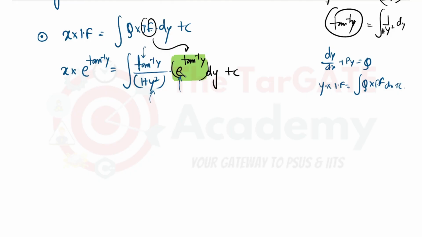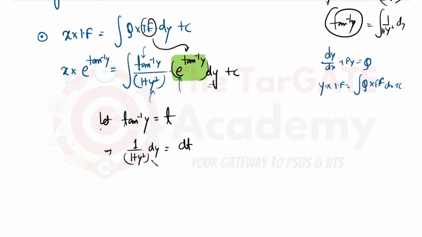अब इसको क्या करेंगे हम लोग? लेट अस असूम समथिंग ऑफ इट। देखिए जैसे कि let tan inverse y equal to t, ठीक है। So here differentiate everything with respect to y, d by dy. So I'll have 1 by 1 plus y square dy, then you'll have dt.